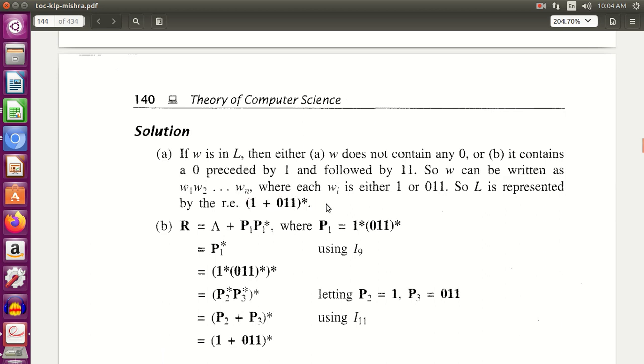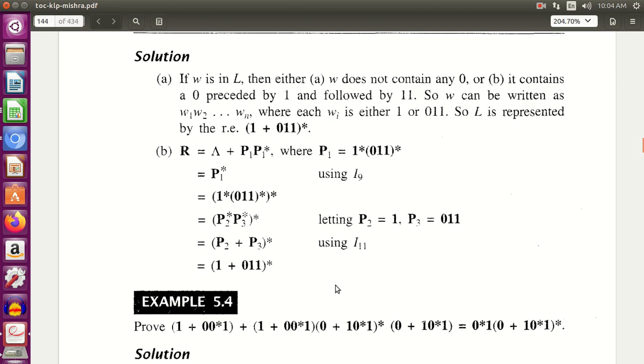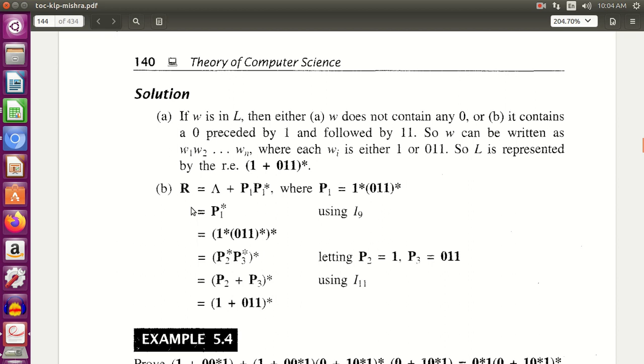Everybody understood, right? I need not repeat. Yes, ma'am. Okay.